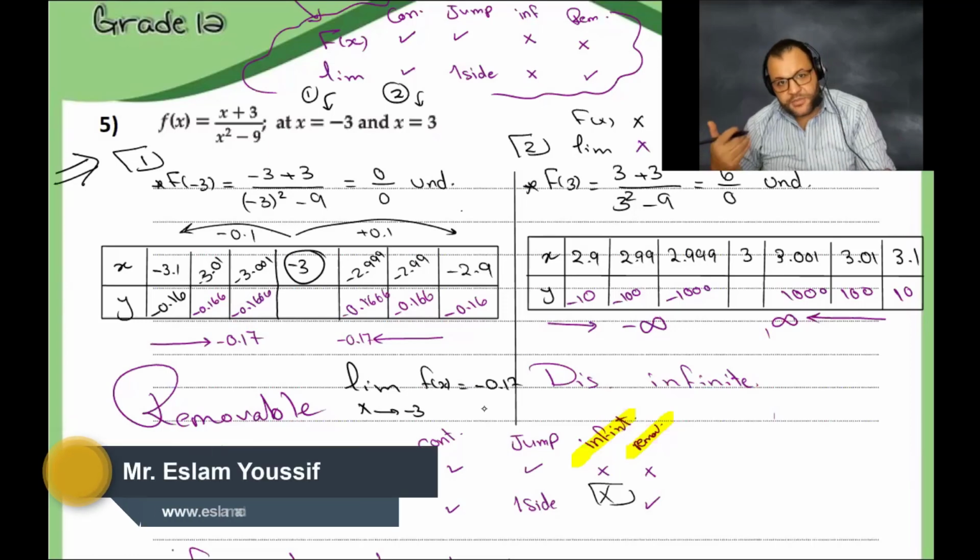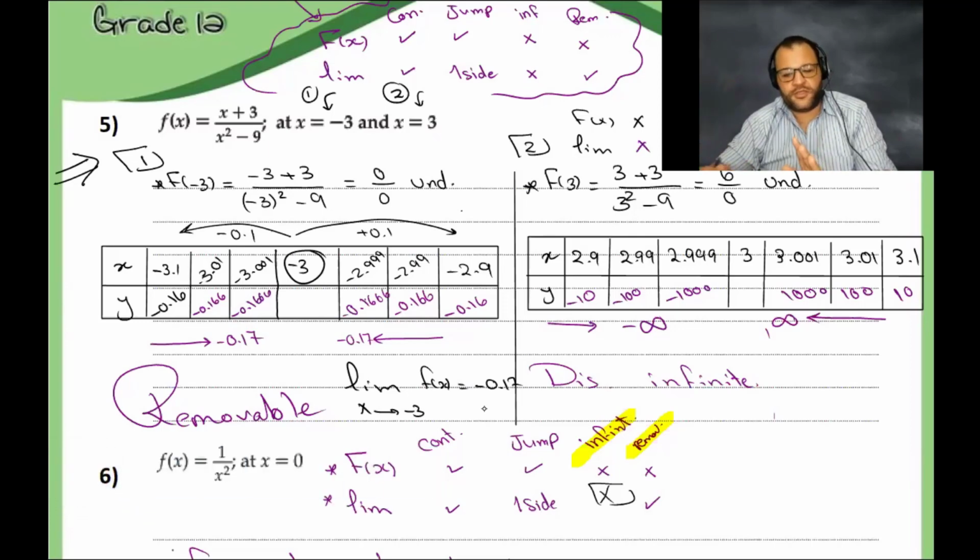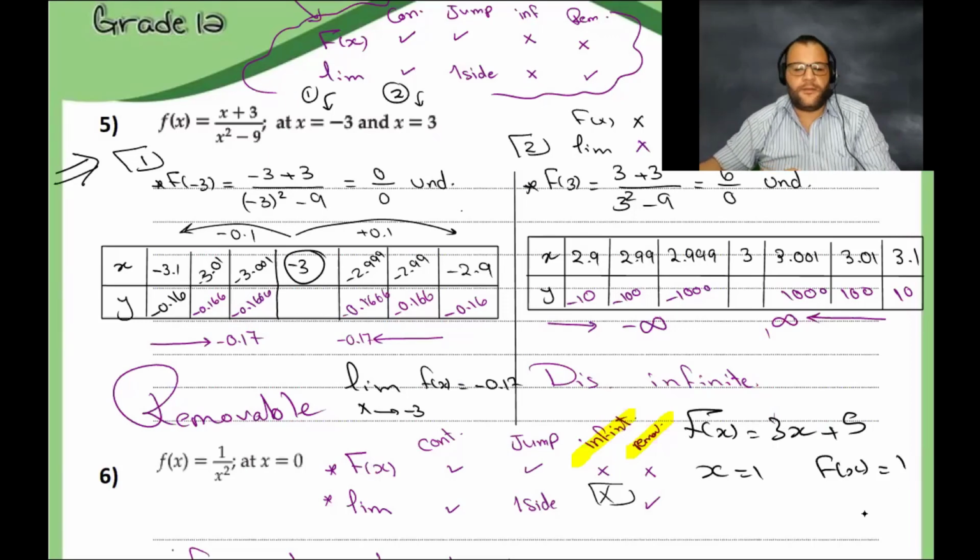If you understand what I'm saying now, when you want to stop me and ask me to go back to question number 5, you will understand. That's the point. When I say f of x equals 3x plus 5, x equals 1, then f of x equals 8. It means when x is approaching 1, f of x is approaching 8.